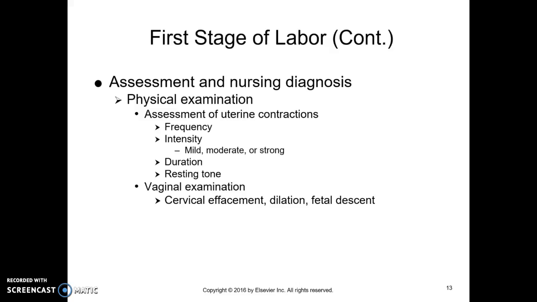So usually it's no more often than approximately every 2 hours as long as the labor is progressing normally. But once the bag of water ruptures, it's easier to get an infection if you do too many vaginal examinations because you're introducing the bacteria in the vagina up into the uterus, called an ascending infection.